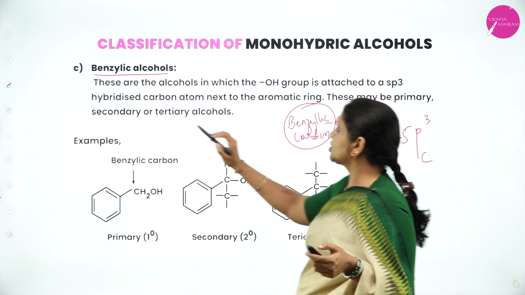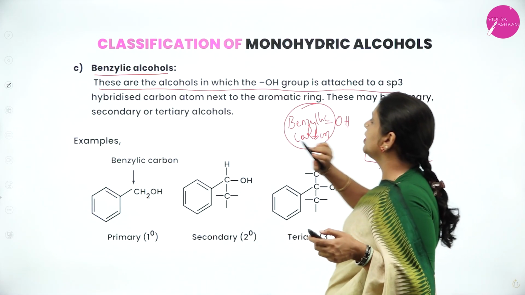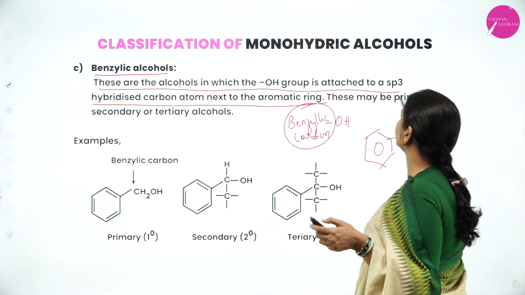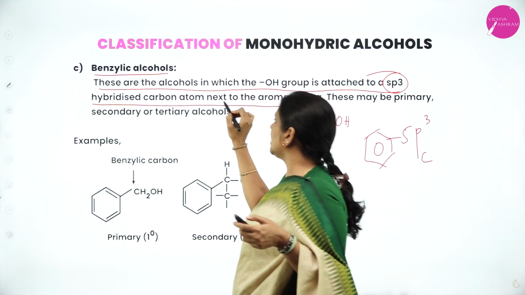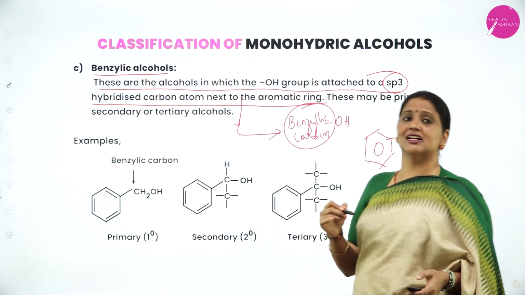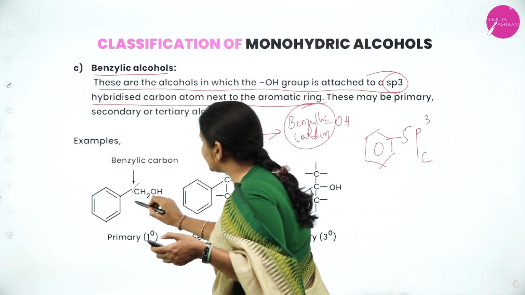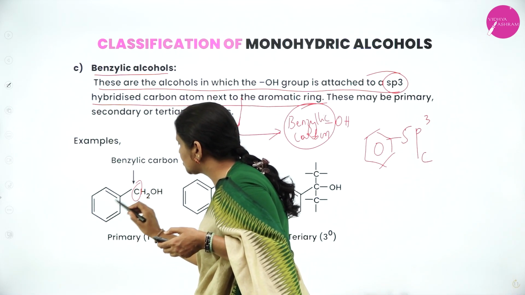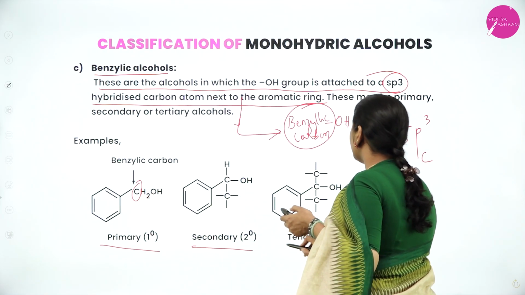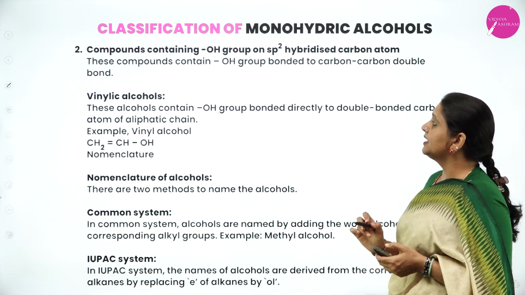These are alcohols in which the OH group is attached to an sp3 hybridized carbon next to the aromatic ring, called benzylic carbon. So this is benzylic carbon because it is directly attached to the benzene ring. In this also we have three types: primary, secondary, as well as tertiary.